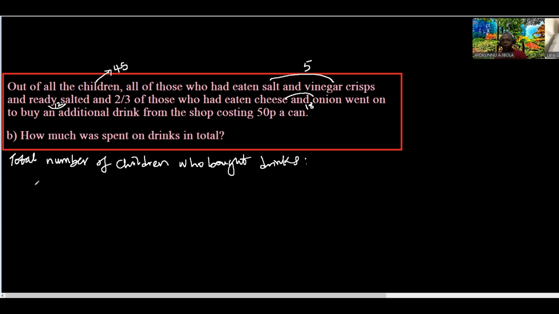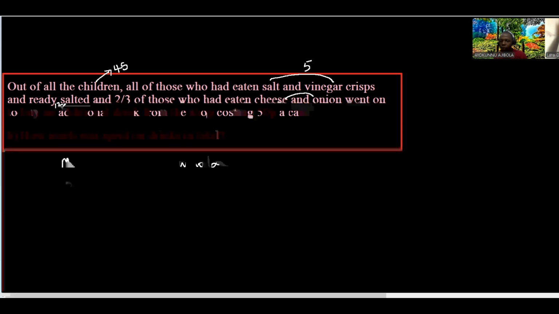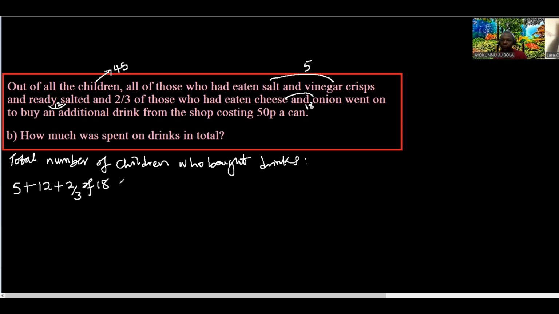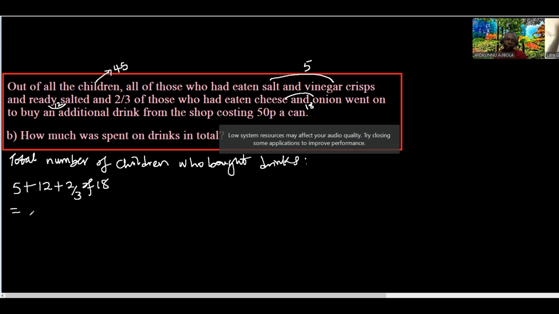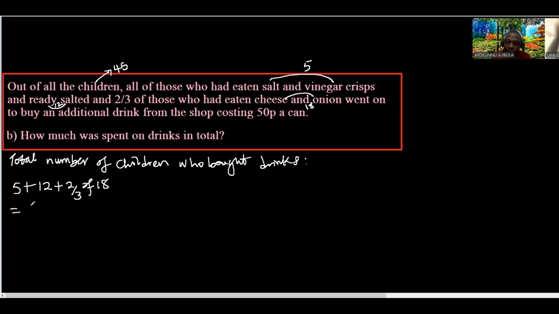So, how can we get them? We have 5 plus 12 plus two-thirds of 18, right? What is 5 plus 12, Serenity? 17, right? Okay, what is two-thirds of 18?